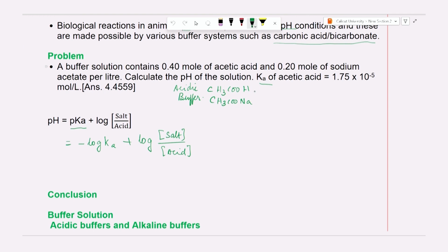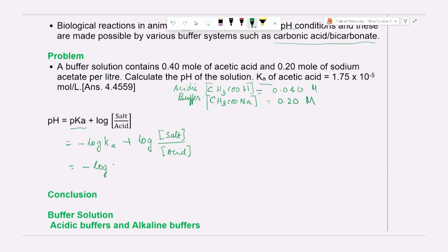See, the concentration of acetic acid is equal to 0.040 mole and that of sodium acetate is 0.20 molar. Ka is given, so you can calculate negative log of Ka.